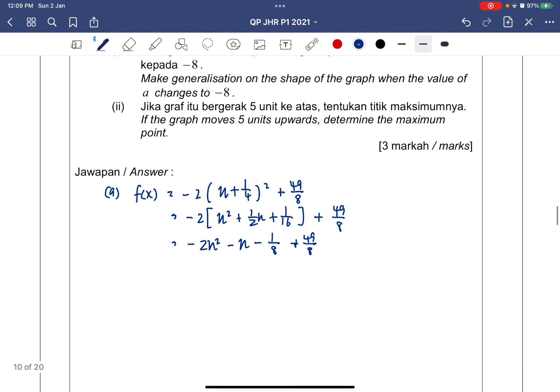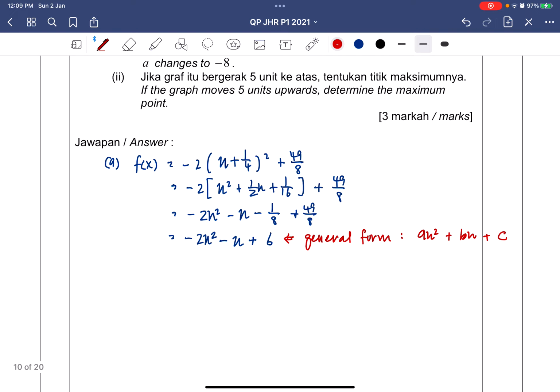And eventually you'll get negative 2x squared minus x plus 6. And this is the so-called general form, which is ax squared plus bx plus c.